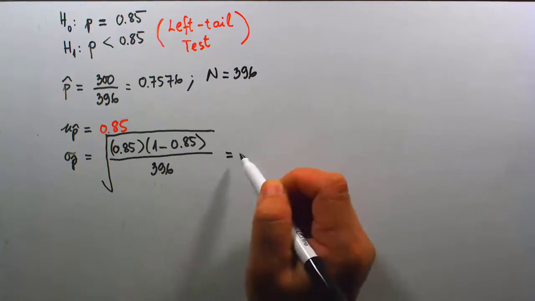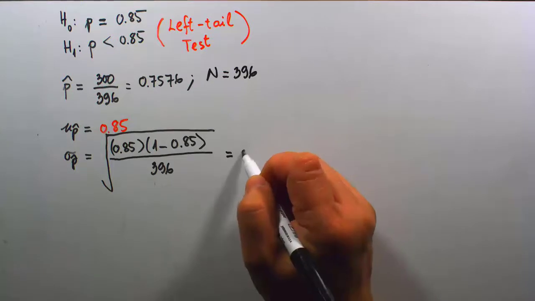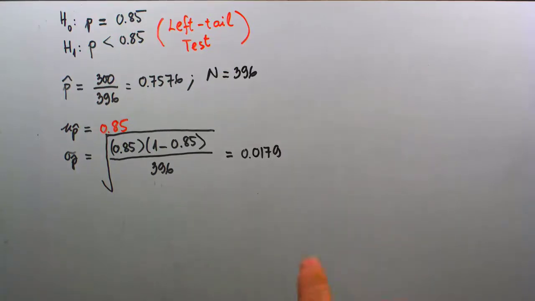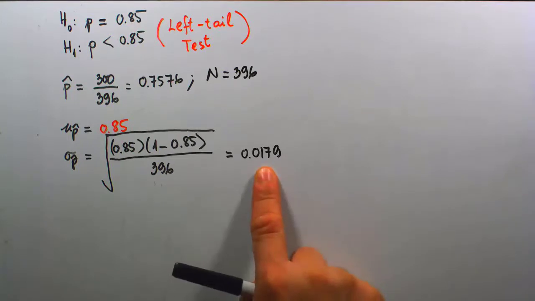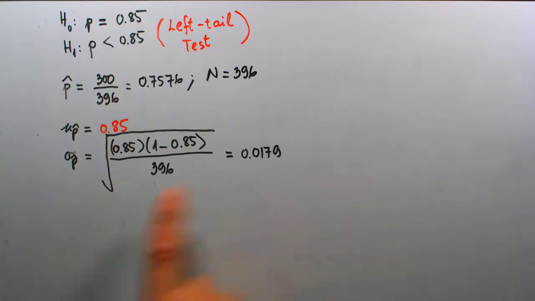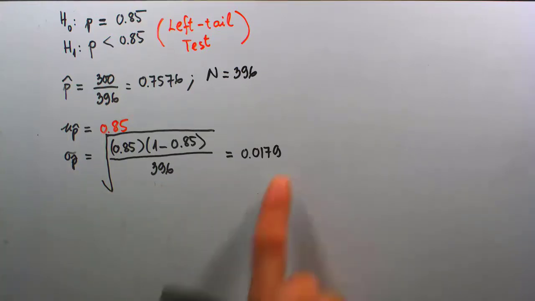Final calculation comes out to be 0.0179. And again, unless specified otherwise, usually for sigma p hat, I would go with 4 decimal places.